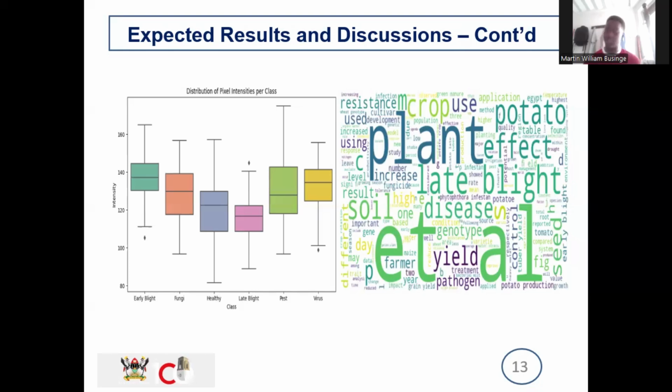So we can confirm that our text data is highly relevant to the potato blight problem, which is crucial for our RAG system. And as you can see from here, the literature is focusing on the words which our image classification model is trying to detect visually. So our RAG component and our image classification models are working hand in hand.